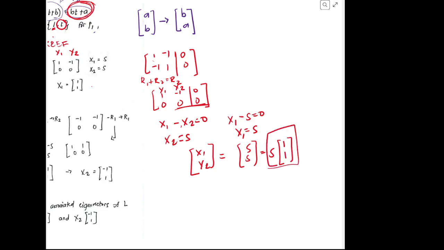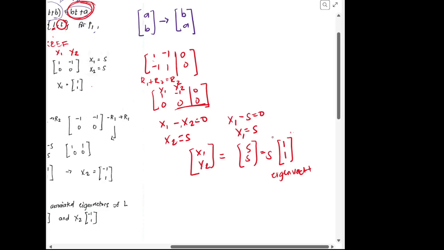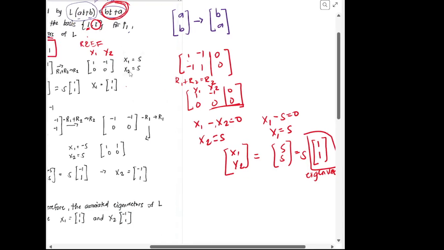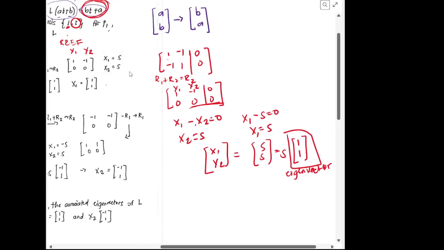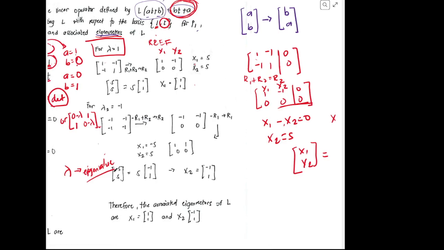So, this is now what we call the eigenvector. Not the s, but just the 1, 1. That is our eigenvector for lambda, or eigenvalue, equals 1. This is our first eigenvector.